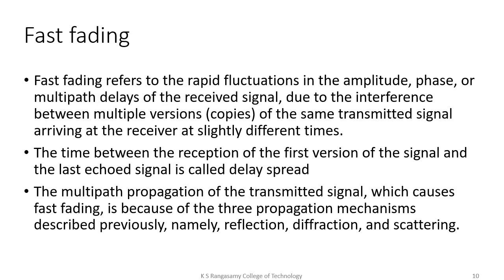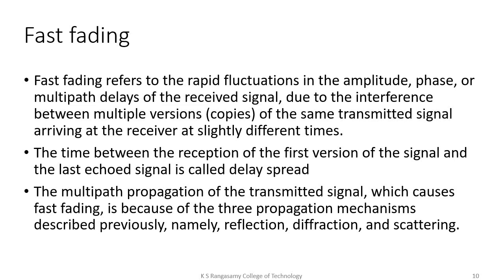So initially there are two paths, one is the direct path and the other is the multipath. The direct path signal is received at the correct time, whereas the second, the multipath signal, may be reflected or refracted, so it can be delayed.